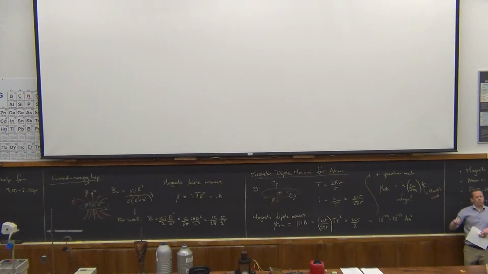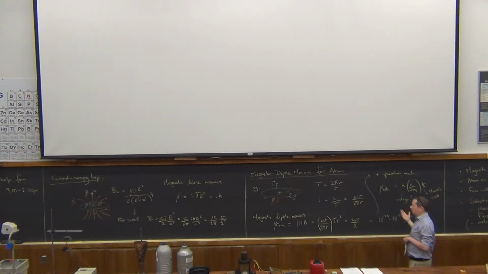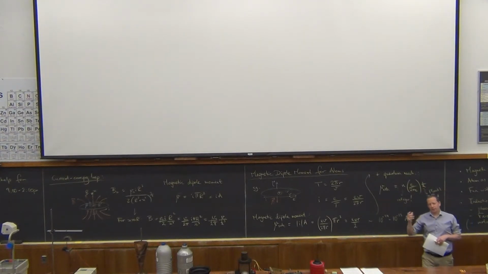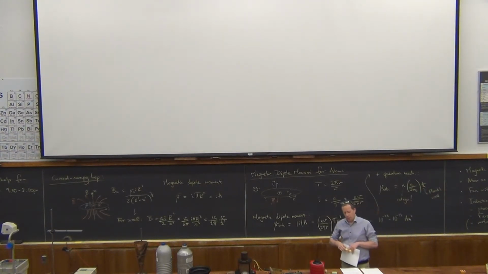So apparently, according to quantum mechanics, the orbital magnetic dipole moment for electrons orbiting an atom can only come in integer multiples of all of this stuff. An interesting piece of information. We're not going to make any further use of it, but it's nice to know about.